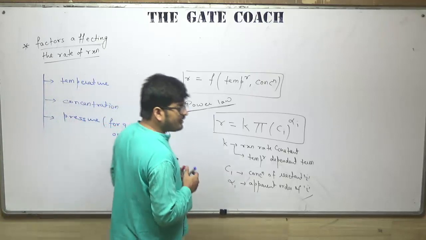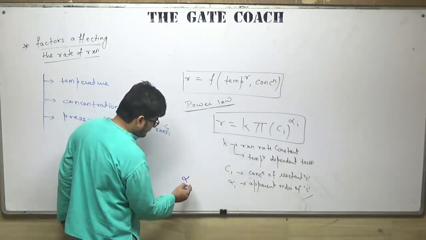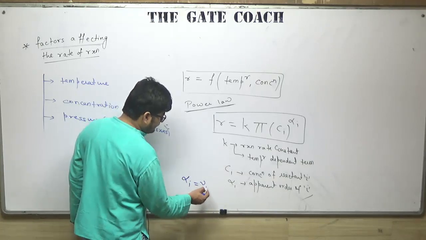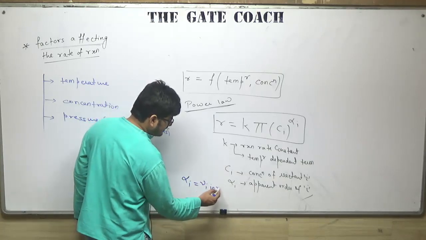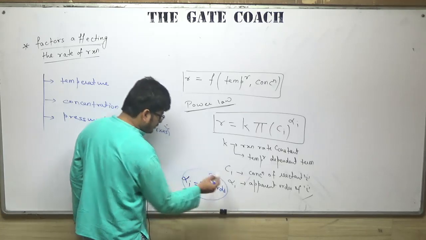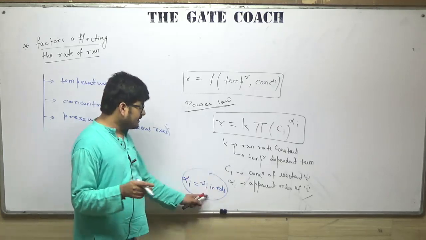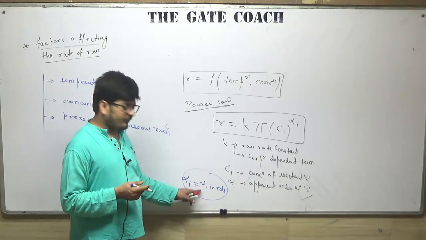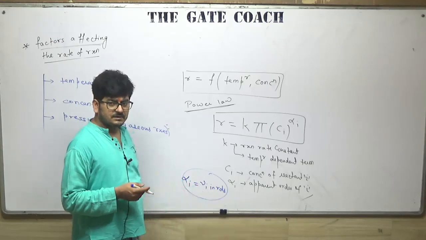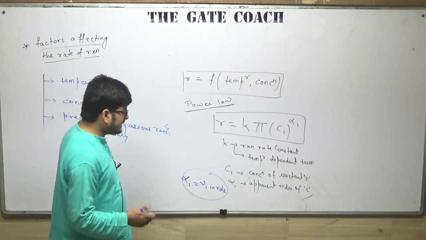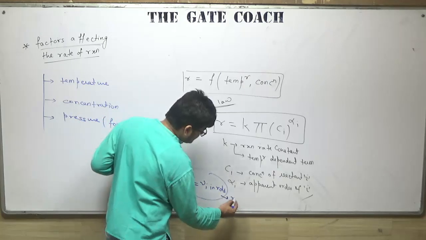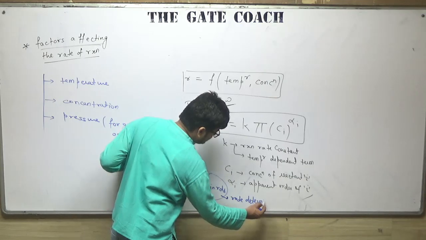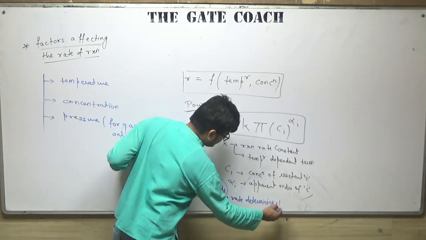According to power law, the value of alpha i will be equal to the value of nu i in the RDS, not in the reaction but in the RDS. Nu i is the stoichiometric coefficient of component i in the RDS, not in the reaction. And what is RDS? RDS means rate determining step.